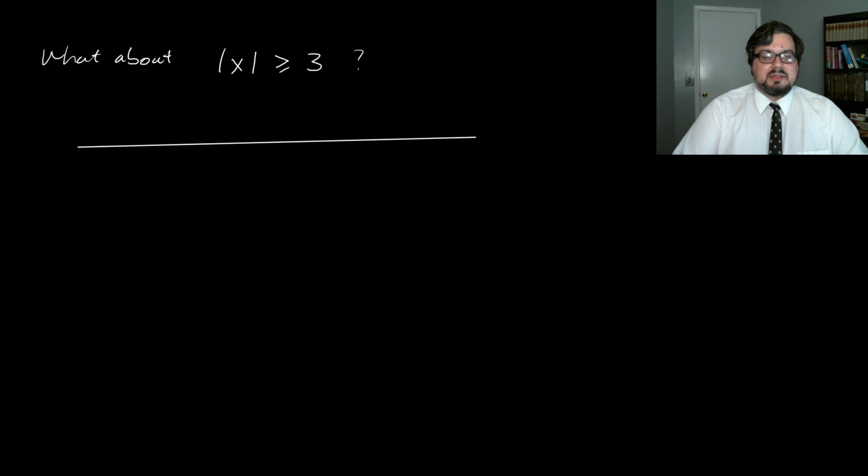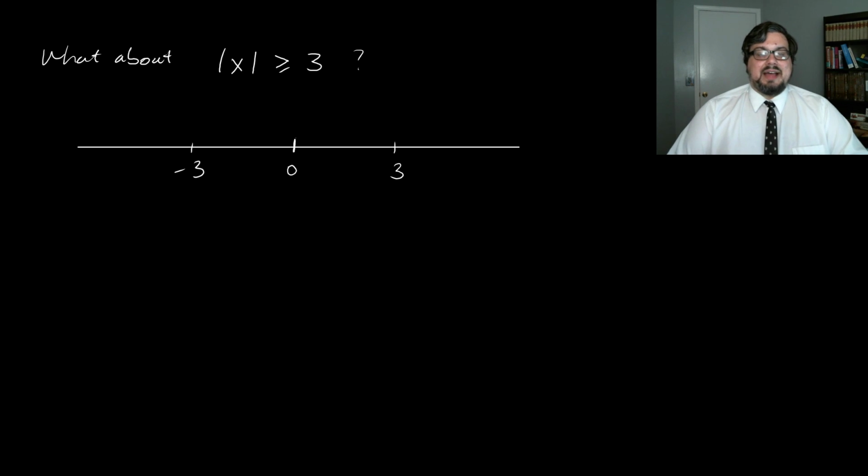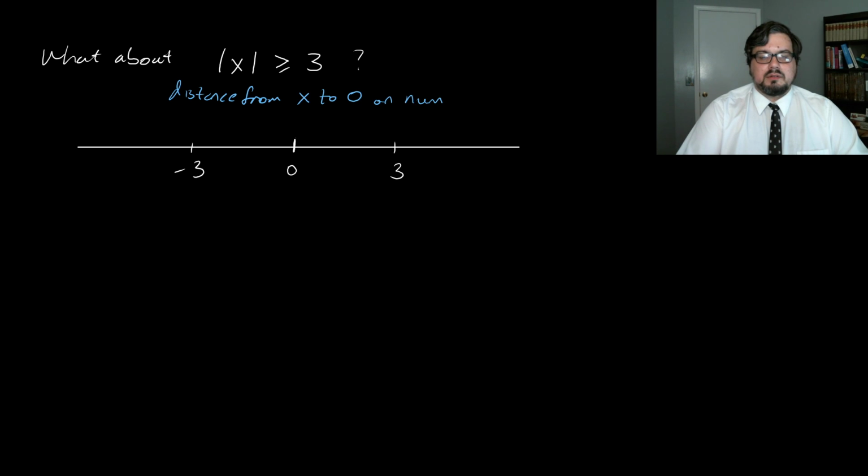Well, let's look at the number line again and think about what it means for the absolute value of x to be greater than or equal to 3. This means that the distance from x to 0 on the number line is at least 3.